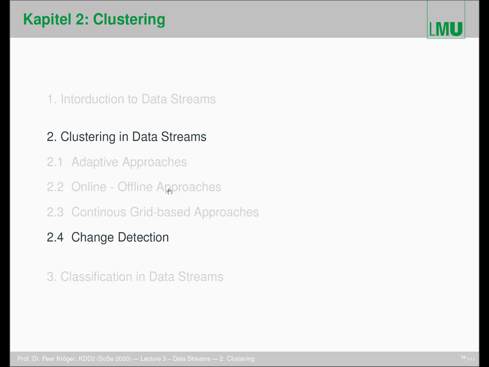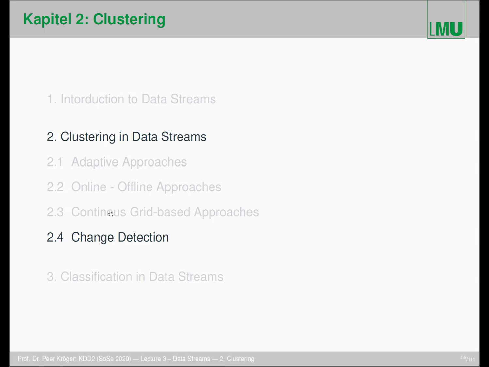And the clustering actually can be done offline on those microclusters, resulting in a macrocluster clustering, which is potentially only an approximation of the original pattern. But anyway, as long as the microclusters are accurate, then the macroclustering will also be quite okay.